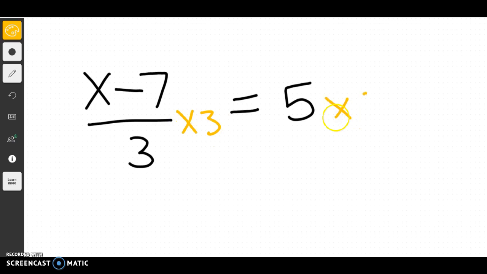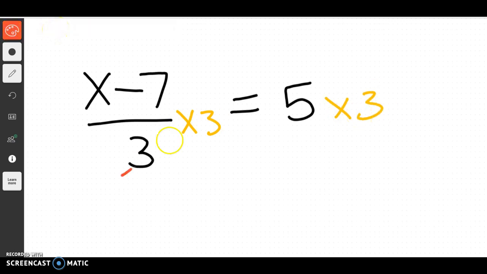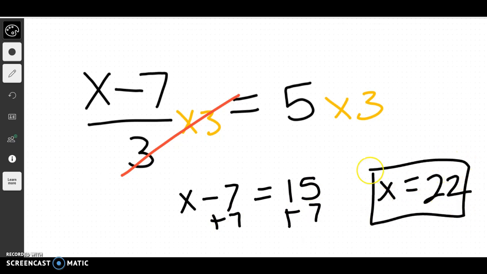We multiply on both sides. 3 divided by 3 cancels, and 5 times 3 gives us 15, so I'll have x minus 7 equals 15. Then we add 7 to both sides, which gives me 22. If we want to double check, 22 minus 7 is 15, and 15 divided by 3 is 5. That all works out. Let's look at one last problem.